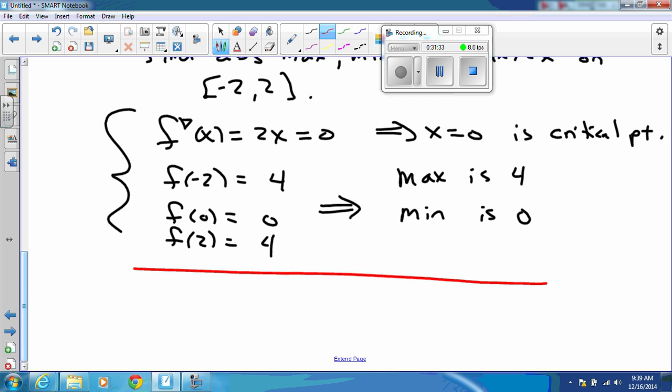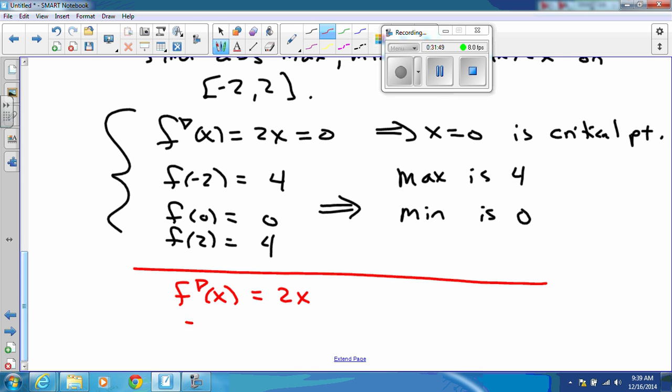Let's consider the alternate universe where we argue from sign. So you take the derivative, set it equal to 0, and then you do the little f prime number line thing. Okay? That's actually not necessary. All that is information for you.